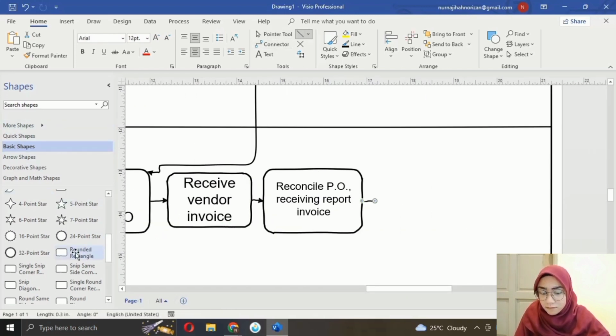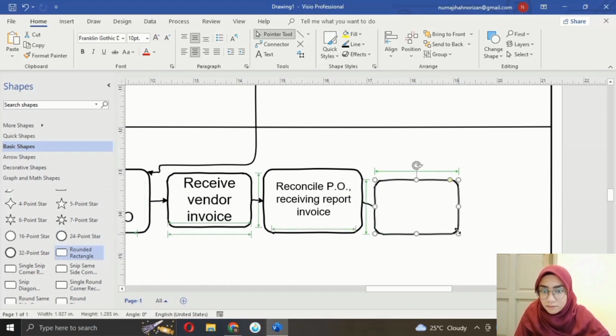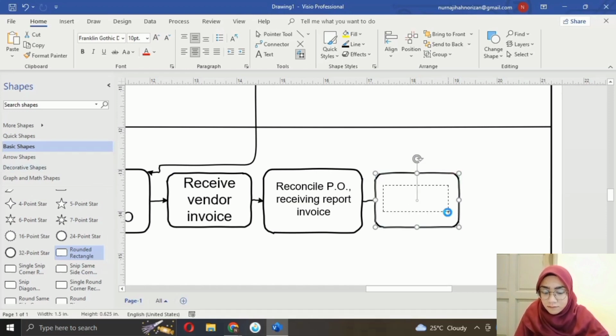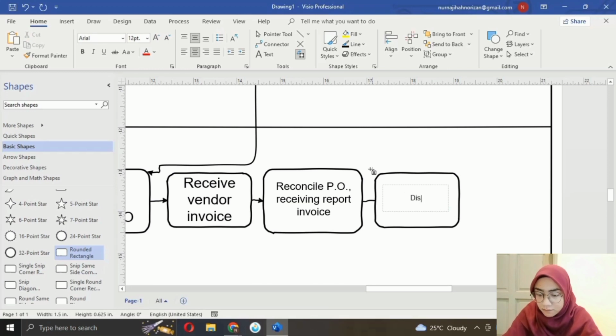Next, another arrow symbol and another rectangle, and this is the last process. The explanation is disburse funds to vendor.